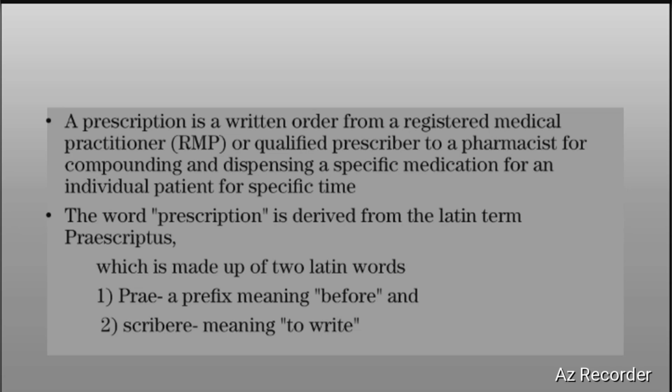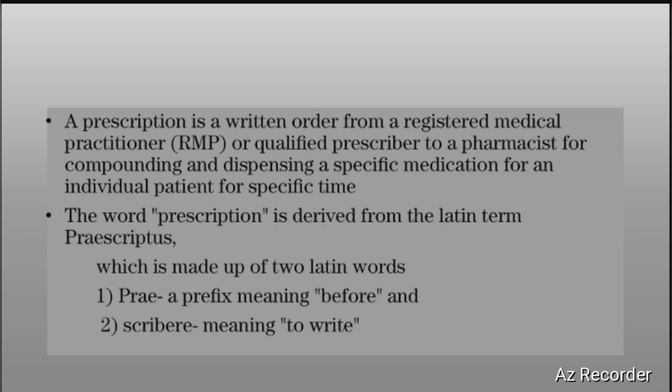Now students, pay attention: we think the prescription is generally given to a patient, but in pharmacy terms, the prescription is actually given to a pharmacist for what? Compounding and dispensing a specific medication intended for a patient for a specific period of time.